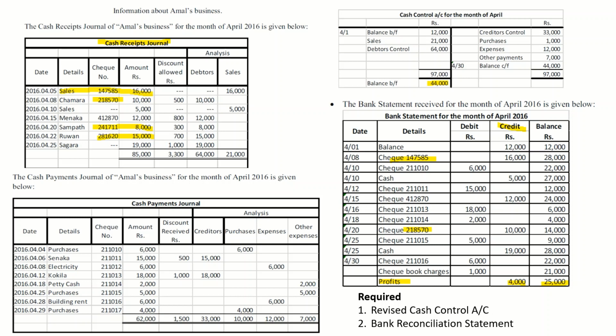If you do so, like we did earlier, the payments for electricity and purchases of rupees 6,000 and 4,000 respectively, bearing check numbers 211,012 and 211,017, have not yet been debited. Also, the checkbook charges are not recorded in the journal, and the total of the purchase journal in the cash payment journal of rupees 10,000 was recorded as 1,000 in the cash control account.